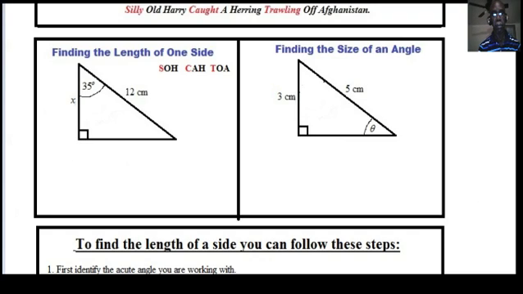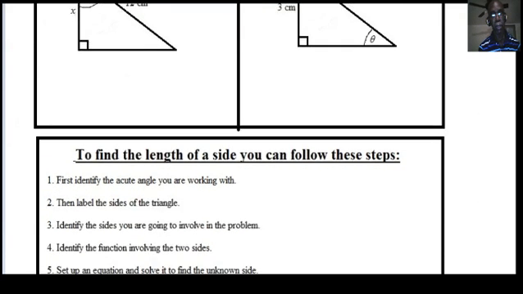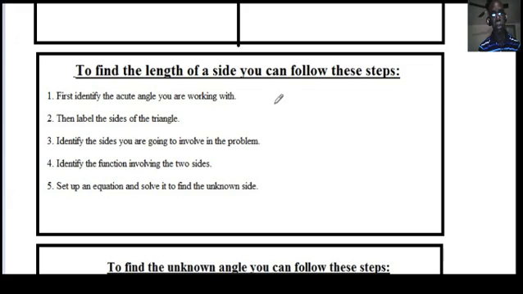Let us look at some examples that will show us how we use the trigonometric ratios. Find the side marked x. To find the length of a side of a right-angled triangle, using the trigonometric ratios, you can follow these steps. 1. First identify the acute angle you are working with. 2.